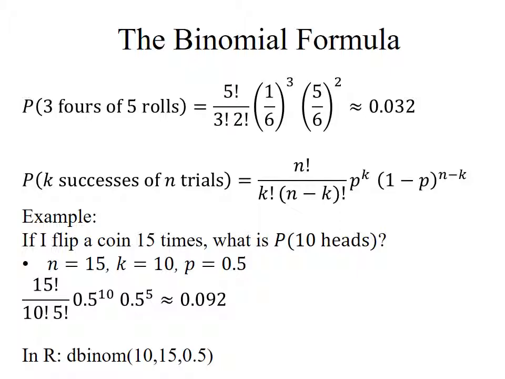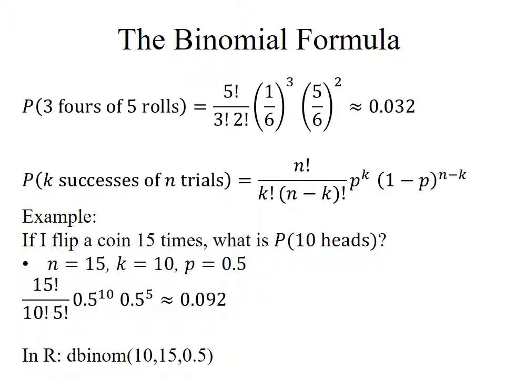So if I've got k successes, then that probability to the power of k. And then the probability of failure is going to be 1 minus p. And how many failures have I got? Well, that's just n minus k. So the probability of failure to the power of the number of failures I've got. Put all that into a big calculator and it will spit out the precise exact answer.